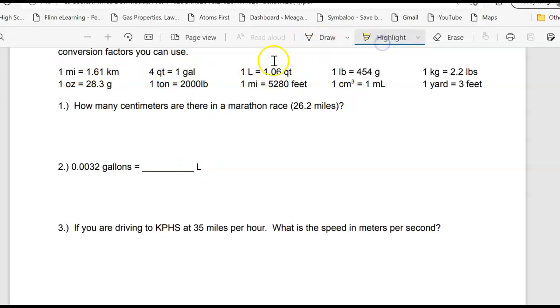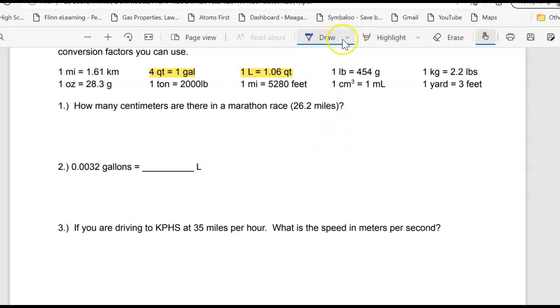If we are working with gallons, we can go from gallons to quarts, and then we can go from quarts to liters. And so we're going to set up that problem. I'm going to show you how to set it up, remind you of how we set up dimensional analysis problems, and then I'm going to let you calculate it.